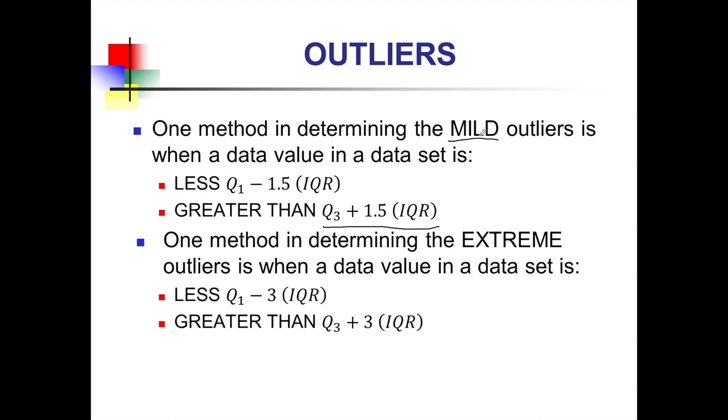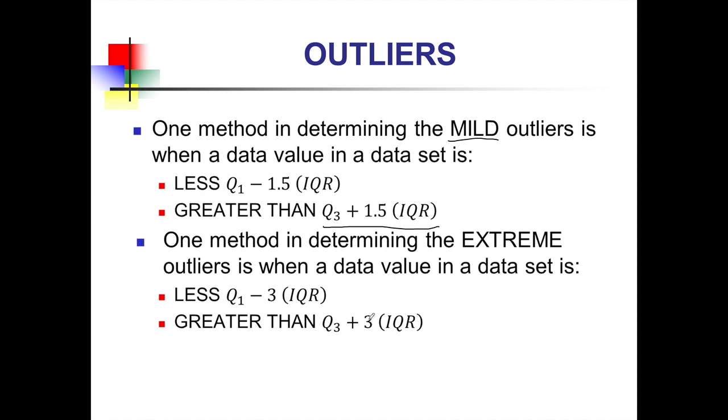Same goes with the method of determining an extreme outlier. If the data that we get is less than or greater than the value of these two formulas, it is what we call the extreme outlier. The only difference, guys, is that on the mild outlier, the coefficient is 1.5. For the extreme outlier, the coefficient is 3. No, that's the only difference. I hope you get it.